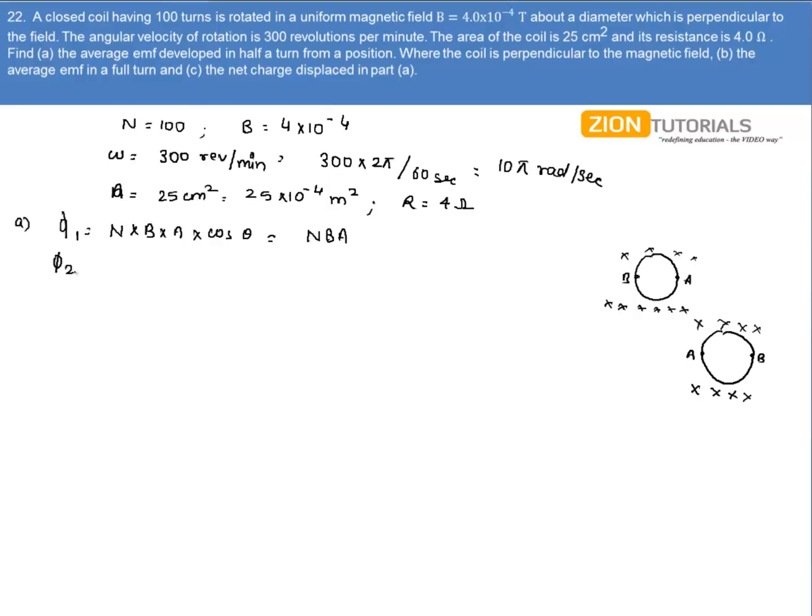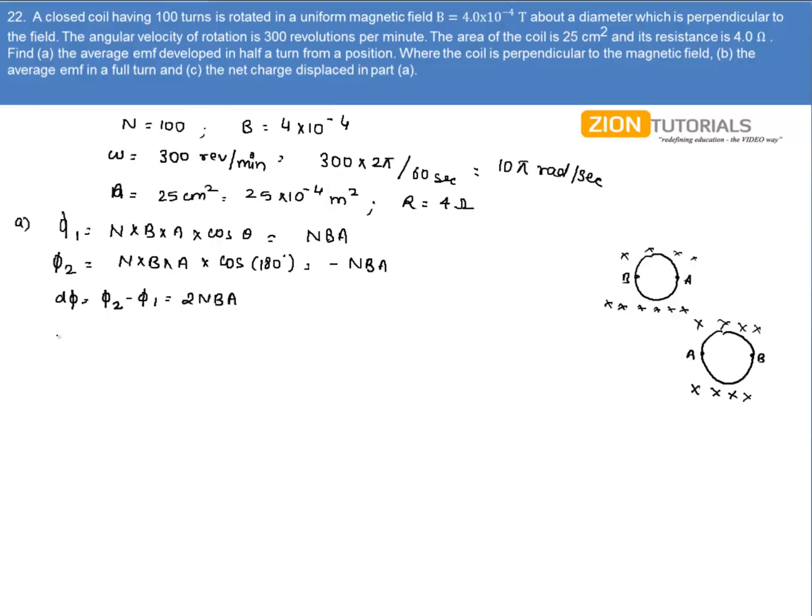Phi 2 can be written as N into B into A cos of 180 degree, because now the angle between the magnetic field and area is 180 degree, so it will be minus NBA. So the change in flux, that is d phi, is phi 2 minus phi 1, which comes out to be 2 times NBA if we consider only magnitude.